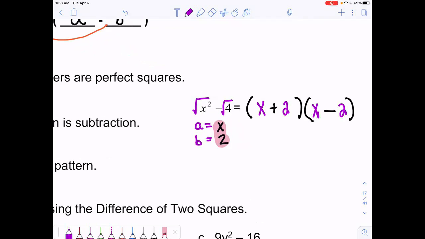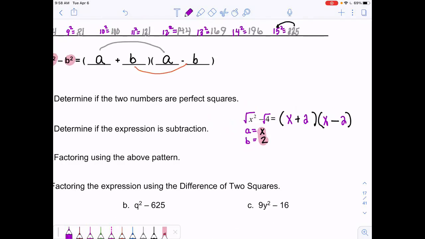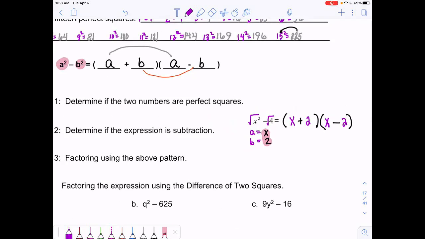And that is it. Notice that they're the same values, both are x and both are 2, but one is a plus and the other is a minus. And that's how you end up getting that pattern, a squared minus b squared. So it's always going to be x plus something, x minus something. And the way I get those values is by taking square roots because they're perfect squares.